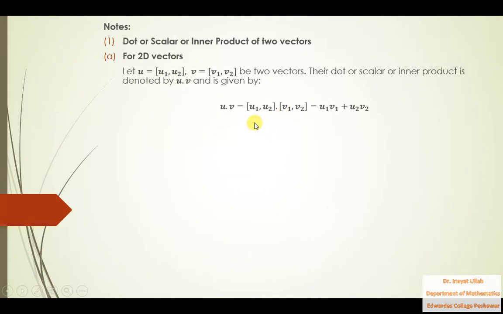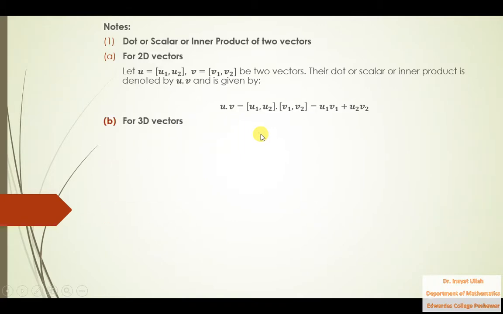What are corresponding components? The first component and the first component of these two vectors are corresponding components. Similarly, u2 and v2 are corresponding components. So that is actually the sum of the product of corresponding components, that is u1 into v1 plus u2 into v2. So that is for 2D vectors.